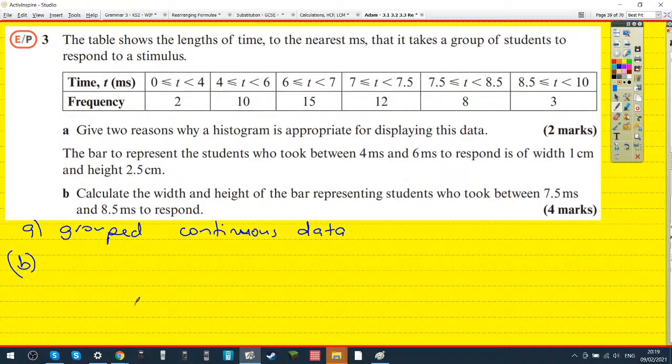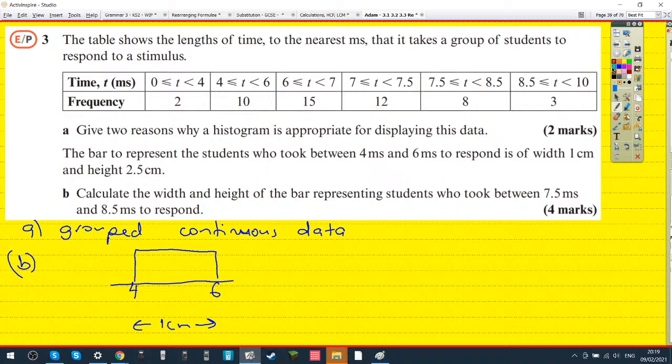So for this, would you do 8.5 minus 7.5? Okay. Which gives you 1. What's next? Then would you do 1 divided by 8?